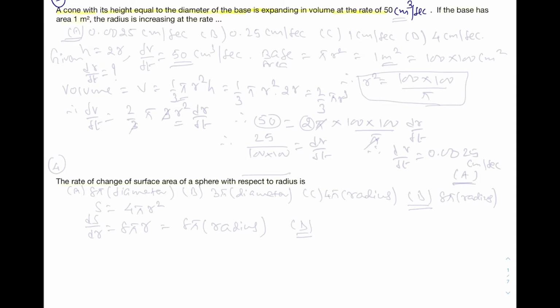If the base has area 1 meter square, the radius is increasing at the rate blank.